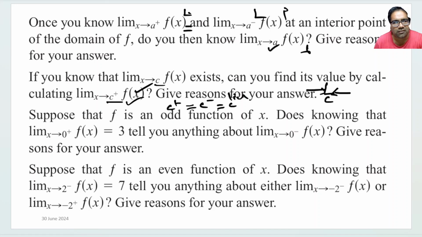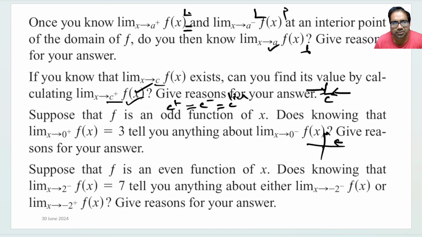Suppose that f is an odd function of x. Does knowing that the limit as x tends to 0 plus of f of x is equal to 3 tell you anything about the limit as x tends to 0 minus of f of x? What does an odd function mean? It is symmetric about the origin. As x tends to 0 plus, that means we are moving from the right side, and this graph is approaching 3.